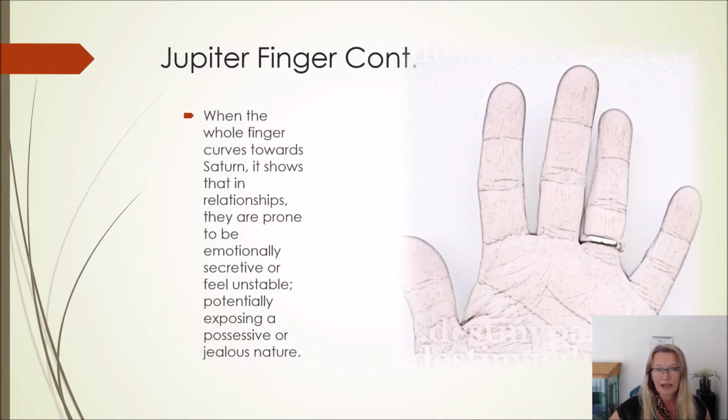A little bit more about the index finger, the Jupiter finger. When the whole finger curves towards the Saturn, it can also show that in relationships, this person is prone to be emotionally secretive. They will feel a little bit unstable, hence the insecurity. So they can potentially expose a possessive or jealous type of nature, specifically in relationships.